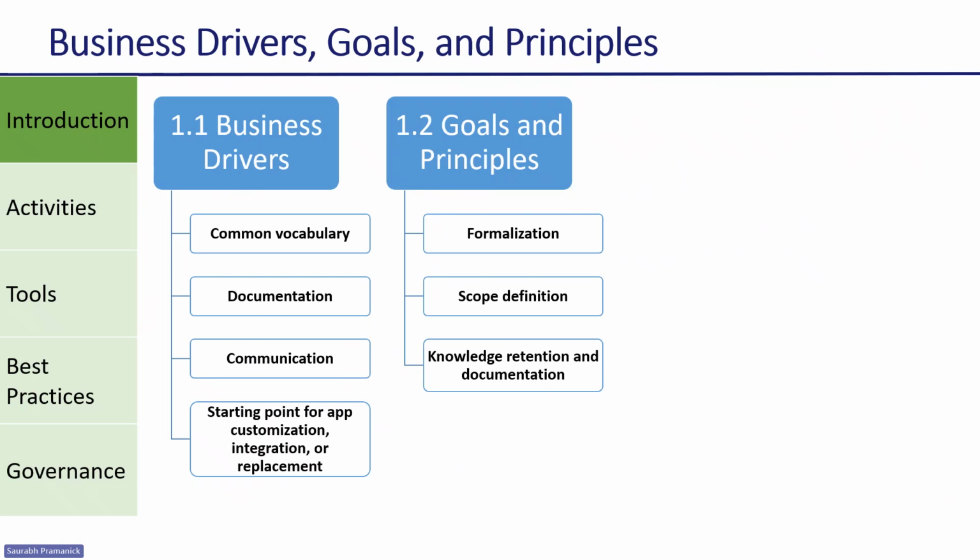There are four main business drivers with respect to data models. First, it provides a common vocabulary between the data users, the people who want to understand and use the data in the ecosystem. Second, it provides a documentation perspective.